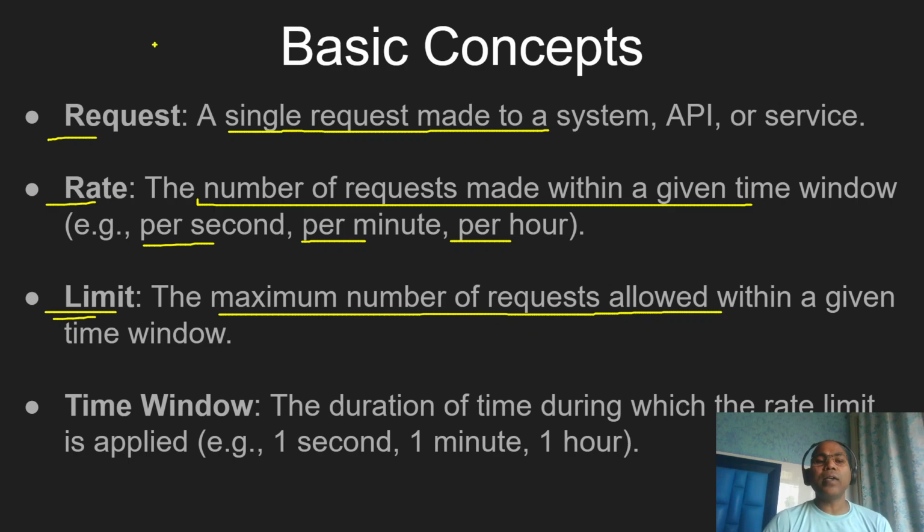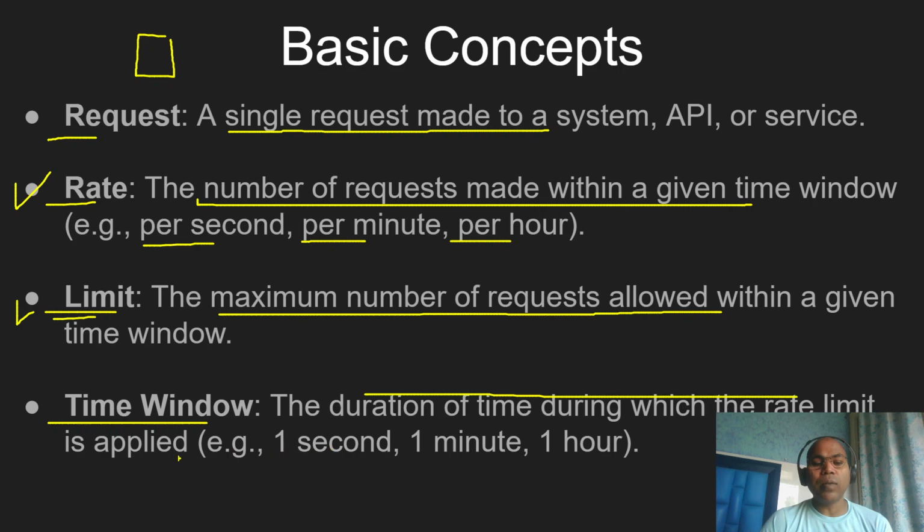So rate and limit combined become rate limiting. And the duration, sometimes called the time window, is the period of time during which the rate limit is applied. We have to mention, hey, these are the windows where we apply this.